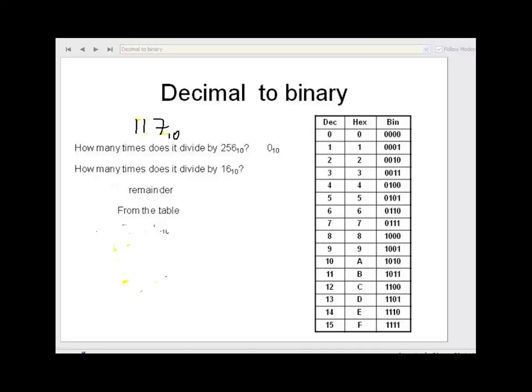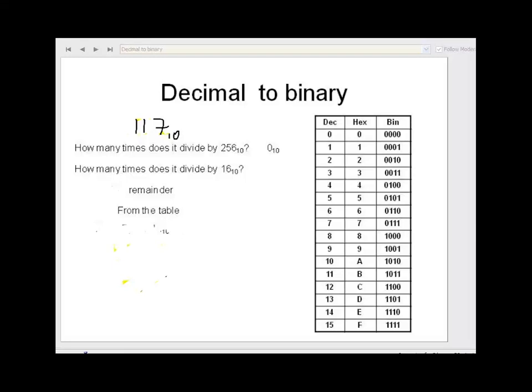117, base 10. First question I ask myself, how many times does it divide by 256? It's less than 256, so it divides by that no times. Next question I ask is, how many times does it divide by 16?